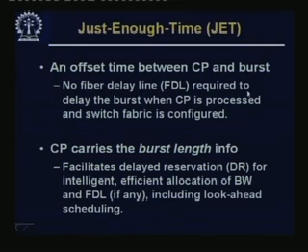No fiber delay line is required to delay the burst when the CP is processed and the switch fabric is configured. The CP carries the burst length information, and facilitates delayed reservation for intelligent, efficient allocation of bandwidth, and FDL if any, including look-ahead scheduling, etc. We need not go into these details here.